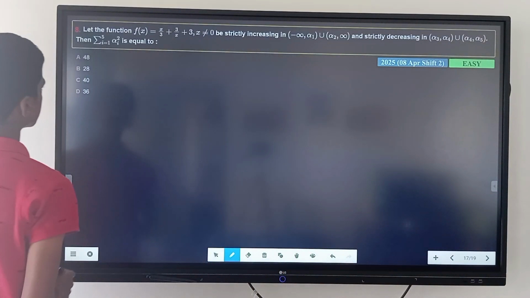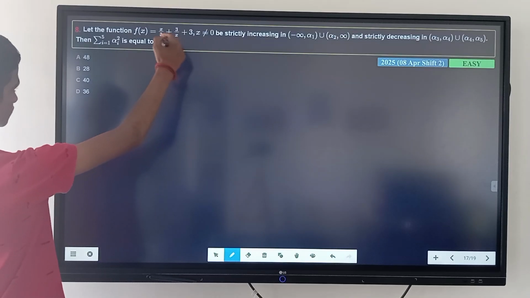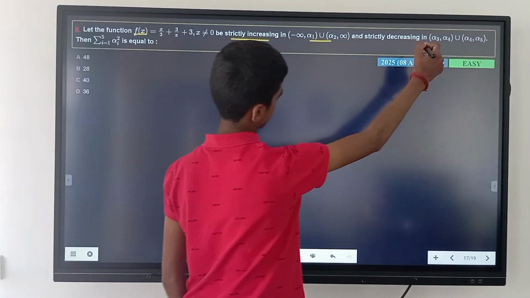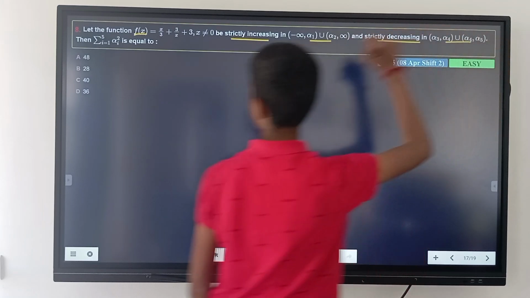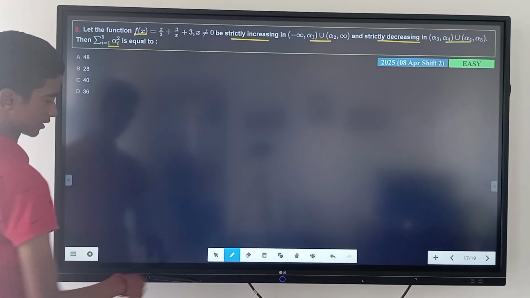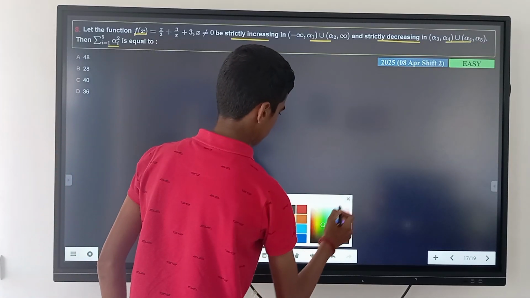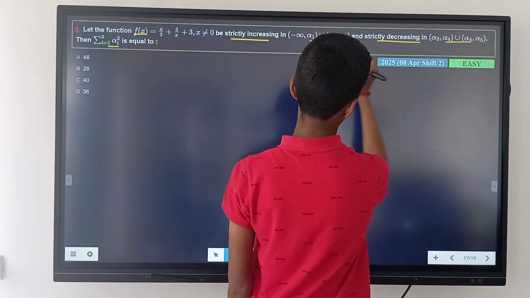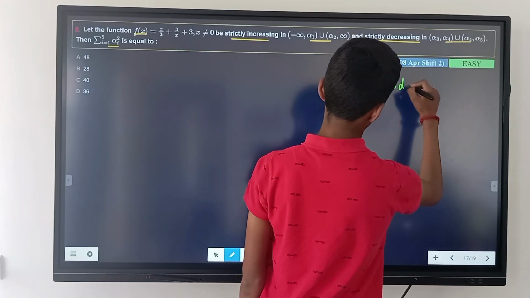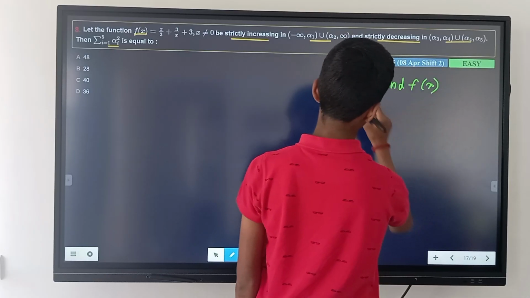This is an easy question, and this is also the last question. Let the function f of x be strictly increasing in this interval, strictly decreasing in this interval. Then we have to find the value for this expression. So in this question, first step will be find f dash x.